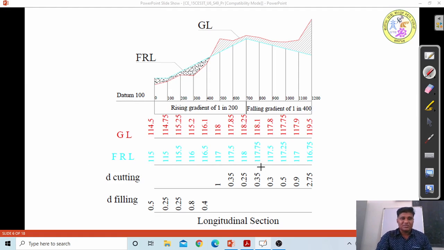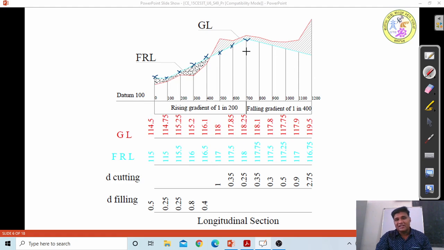After calculating all the formation levels, again from the datum 100, the levels are marked. 115 minus 100 is 5 meters. This is also 5 meters. This is 5.5 meters. 116 minus 100 is 6 meters. 116.5 minus 100 is 6.5 meters. 117 minus 100 is 7 meters, 7.5 and 8.